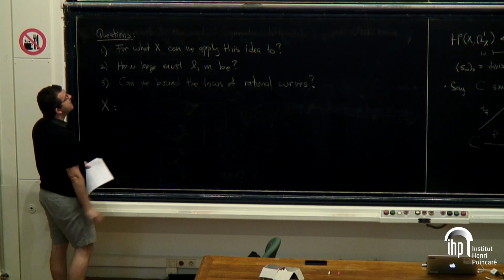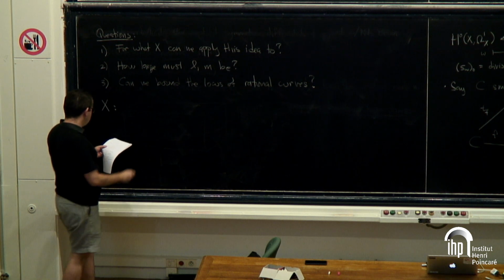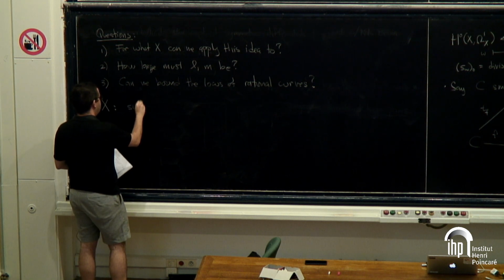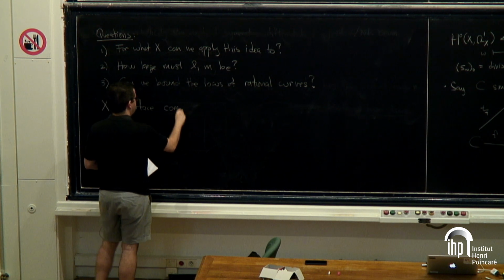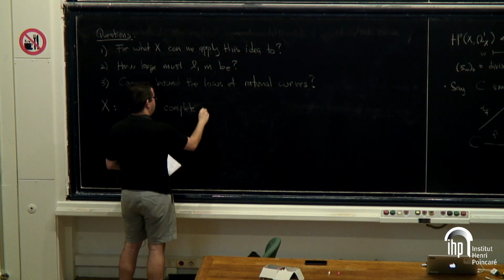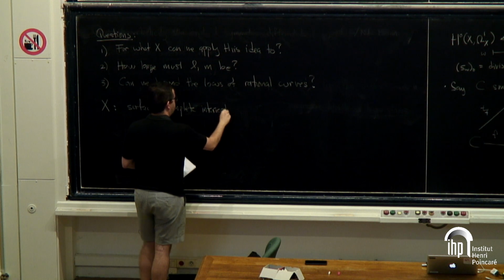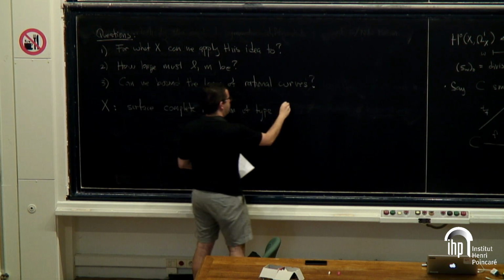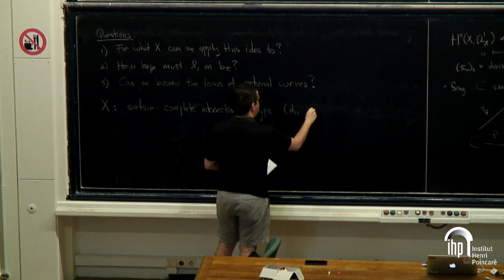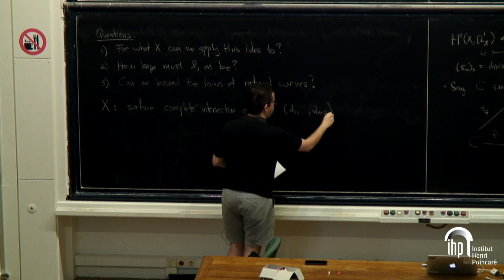We're going to do complete intersections, and so this X is going to be a surface. It's going to be a complete intersection of type D1 through D_{n-2} in P^n.